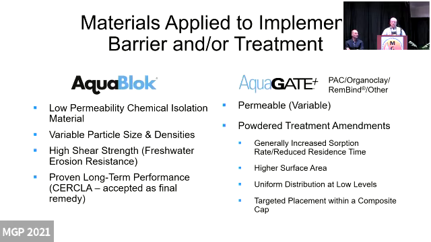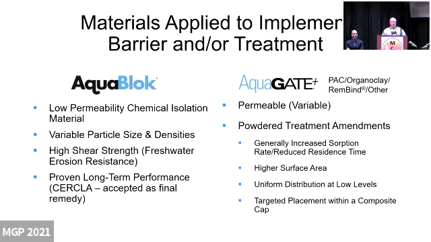But as it relates to the materials that we provide, we have two different groups of materials. We usually separate them into AquaBlok, which is our namesake product, but that's a low permeability chemical isolation barrier type of material. The idea is it's going to stop migration of contaminants without also allowing water to flow or whatever else happens to be there.